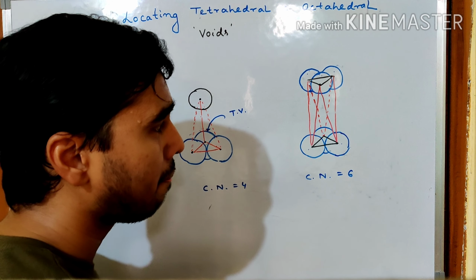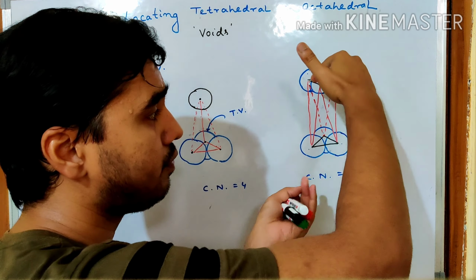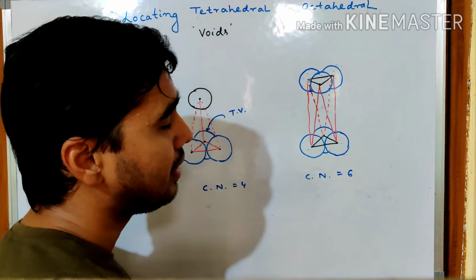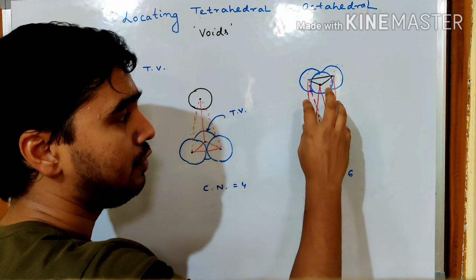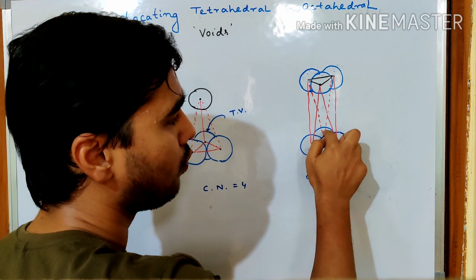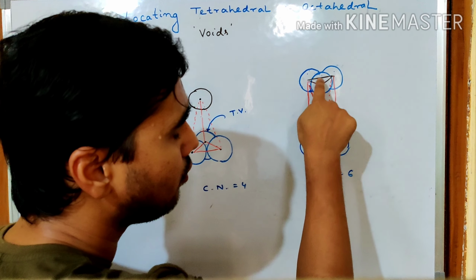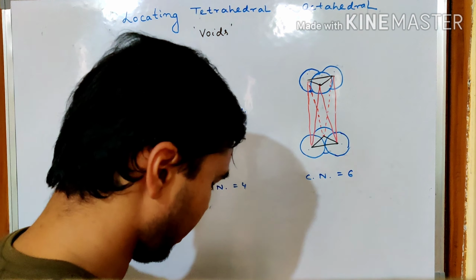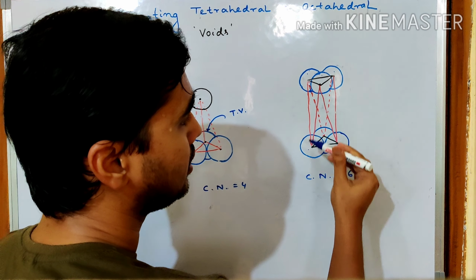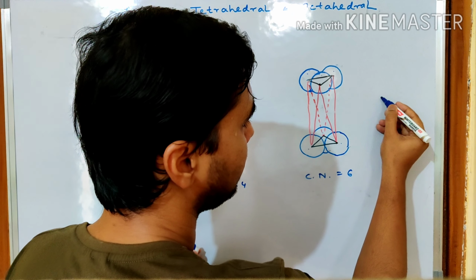That's for sure. Whatever the vacant space that is being generated, if these 2 layers come in contact with each other as I have drawn here, in that vacant space, if an atom is situated, it will be in connection with 1, 2, 3, 4, 5, 6 atoms. So the coordination number is 6. And how the vacant space will look like, this space which I have drawn with the red ink. See these corners, 1, 2, 3, 4 corners, isn't it like this?